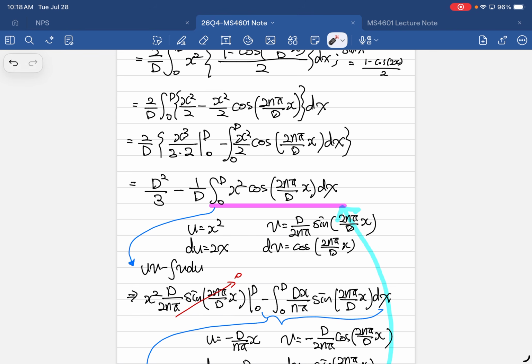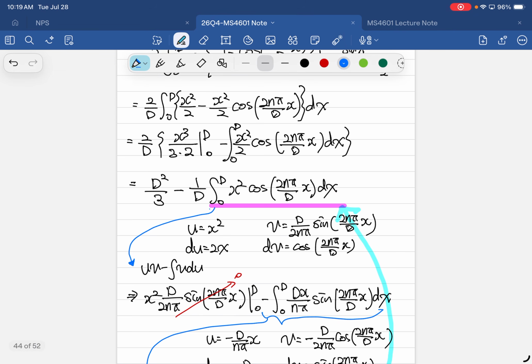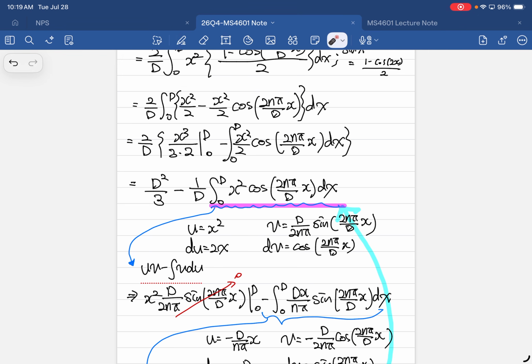What we are really focusing on is this pink underlined expression. This part can be done using integration by parts. If you do that, it can be written as this one.